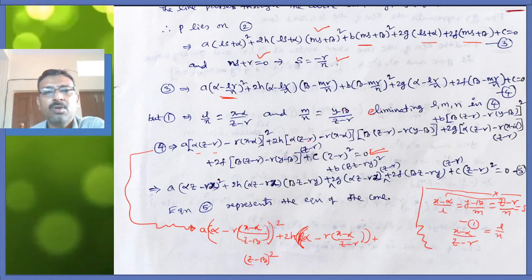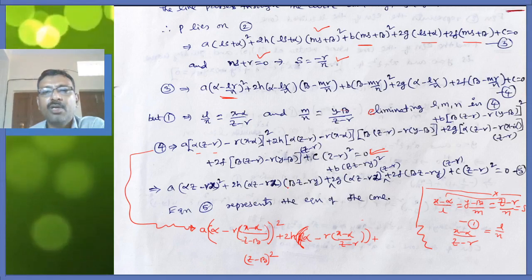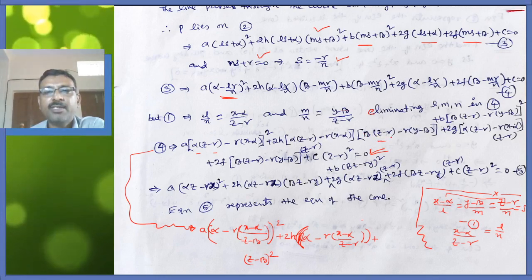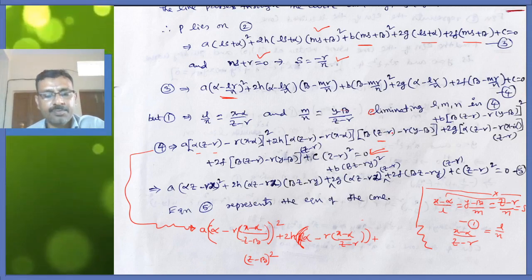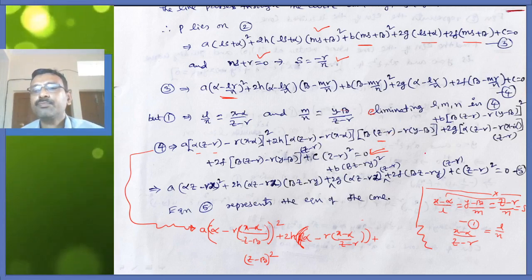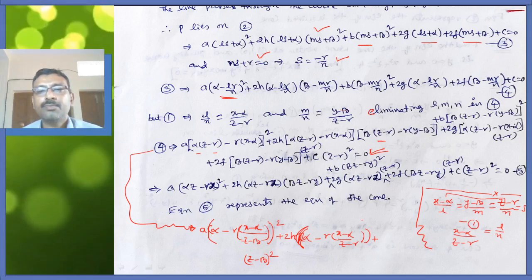Here also alpha gamma gets cancelled, the remaining terms same, alpha z minus gamma x into, similarly here also beta z minus gamma y.